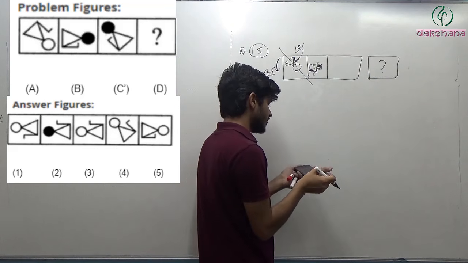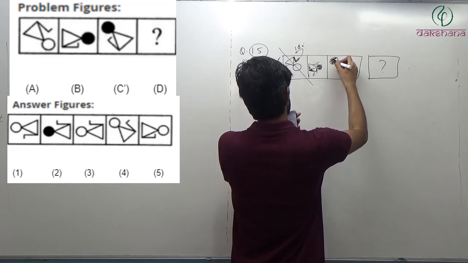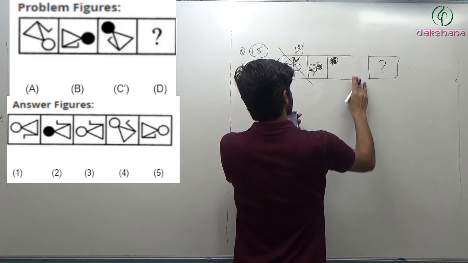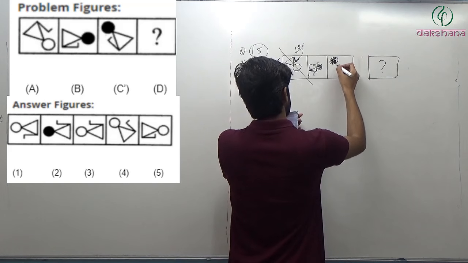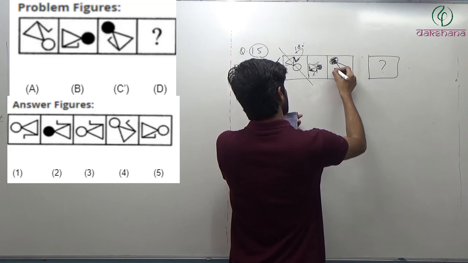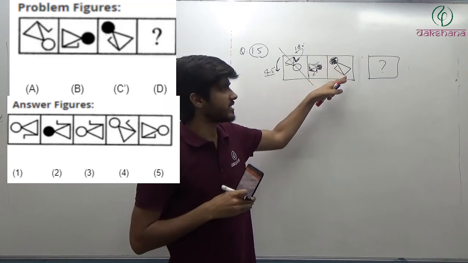Now they have given you a figure where this was filled, and we had this triangle, and this L-shaped thing was towards the triangle.